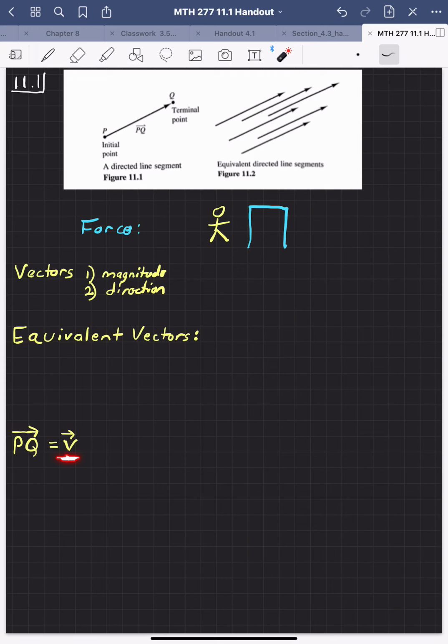Well, to answer that question, we need to discuss when we would consider vectors to be equal. What criteria would need to be established in order to make a statement of equality regarding two vectors?